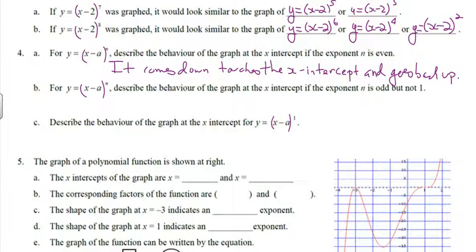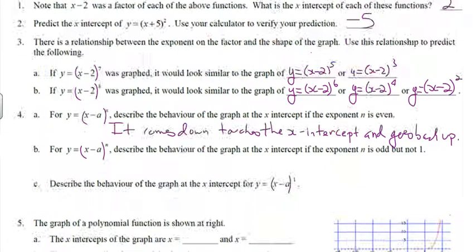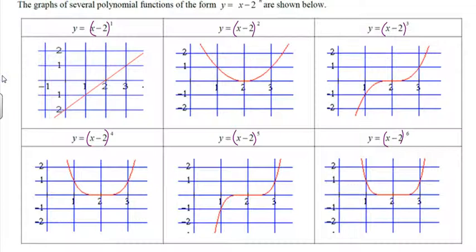For y equals (x minus a) to the power n, describe the behavior of the graph at the x-intercept if the exponent n is odd but not 1. So odd but not 1, like this one or this one. It comes from the left and goes up to the top right. Cubic.